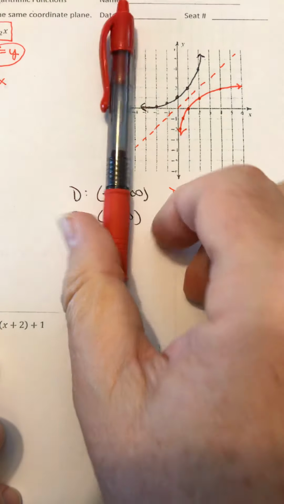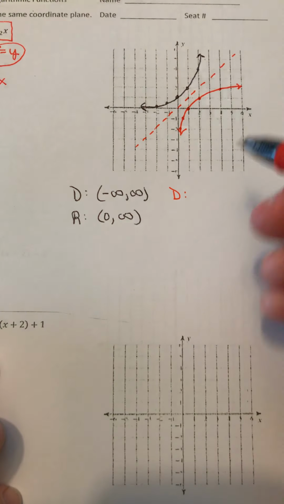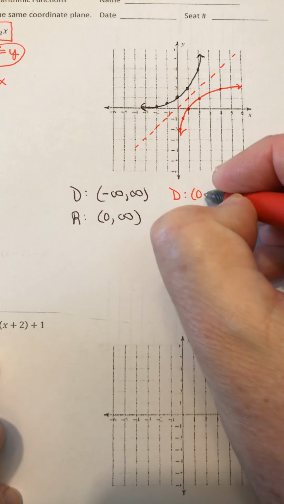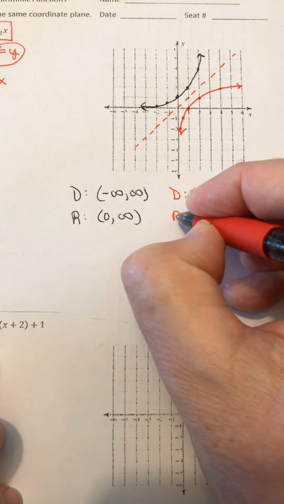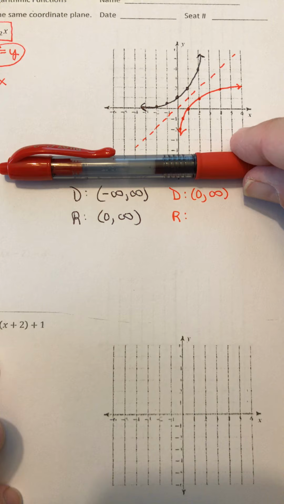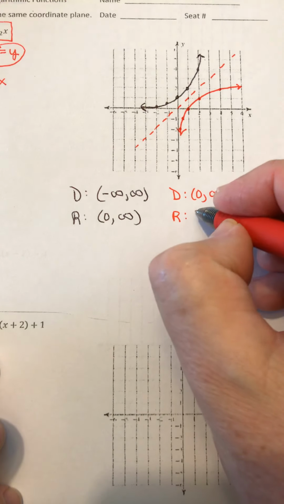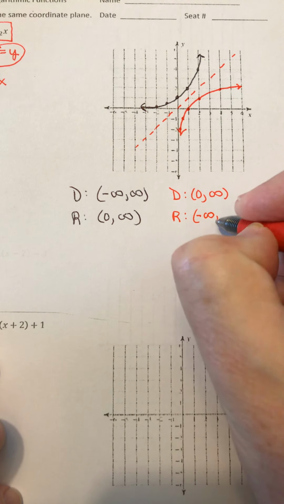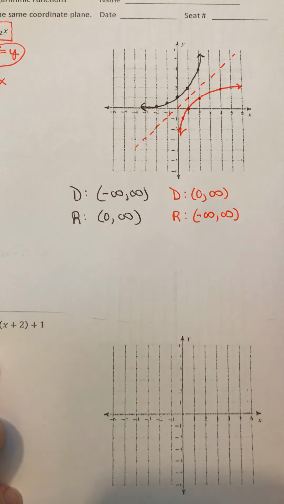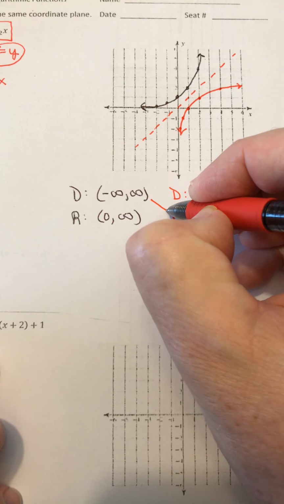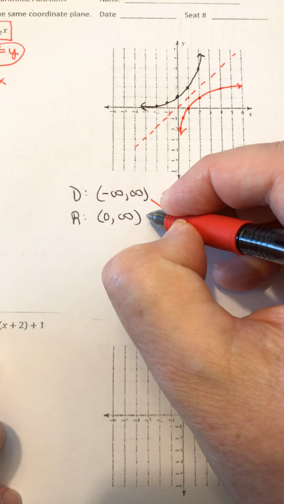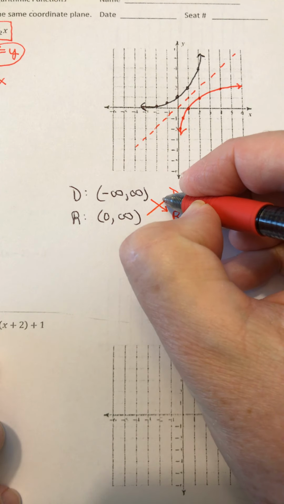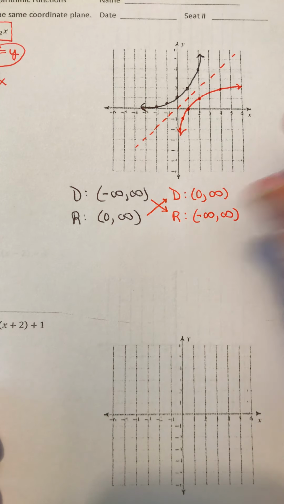Notice now the domain from left to right doesn't start until 0, and it goes on forever. And the range now goes from bottom to top forever, so that is negative infinity to infinity. And if you notice, the domain of the exponential function becomes the range of the log function, and the range of the exponential becomes the domain.